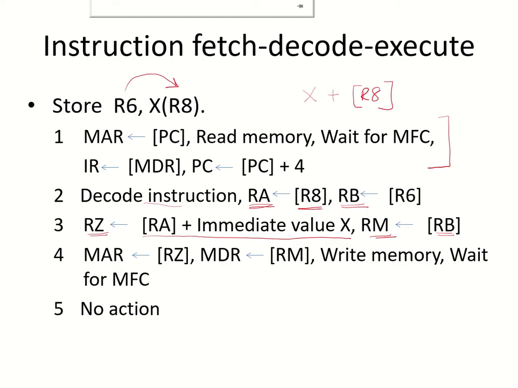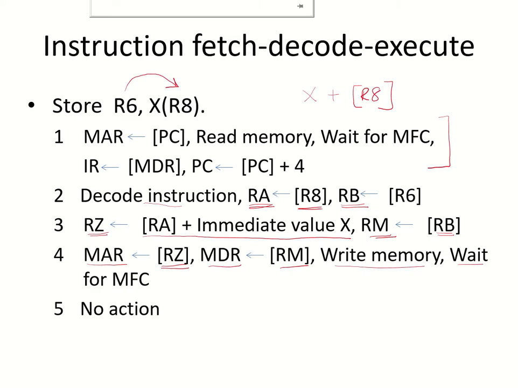In the fourth stage, memory access has to take place. So the address will be sent to the memory address register. The data will be sent into the memory data register. Write memory signal will be generated.